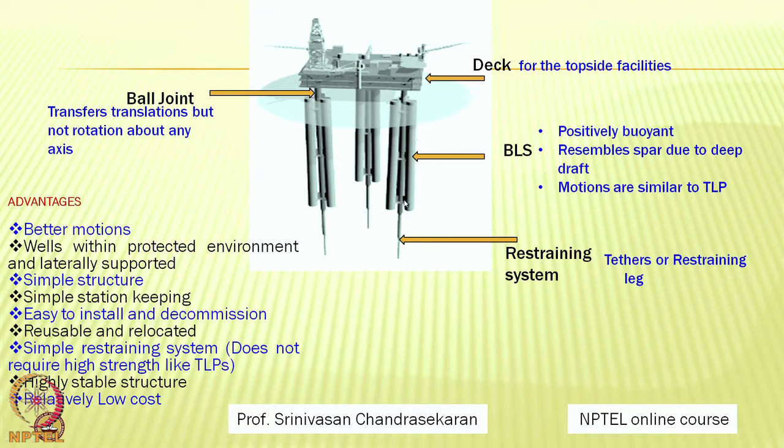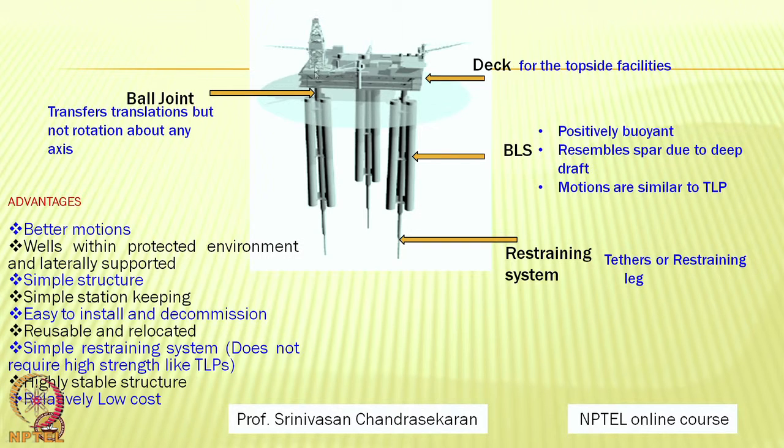If the BLS is being surged or being swayed or being heaved, let us say translation motions are occurring, then these motions will be transferred to the hull or to the deck, so that in translatory motion the hull or the deck and the BLS units remain monolithic, whereas in rotational degrees of freedom they are isolated.